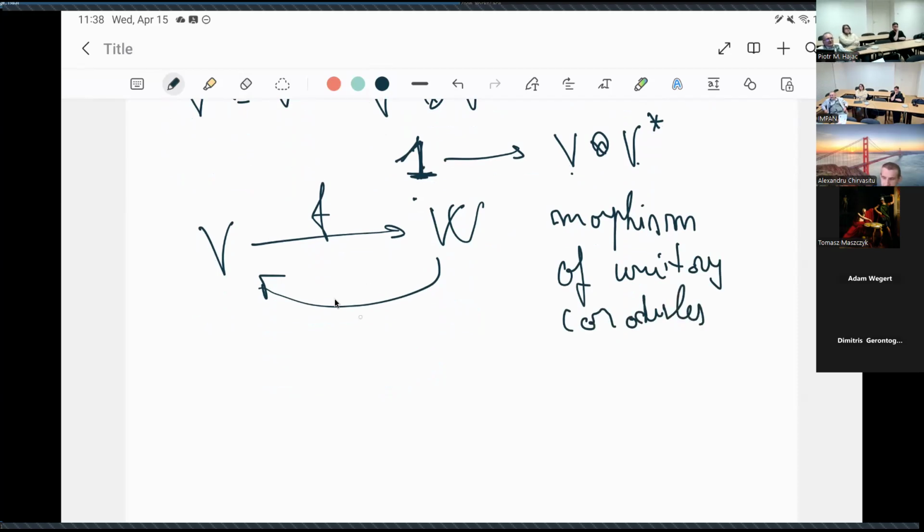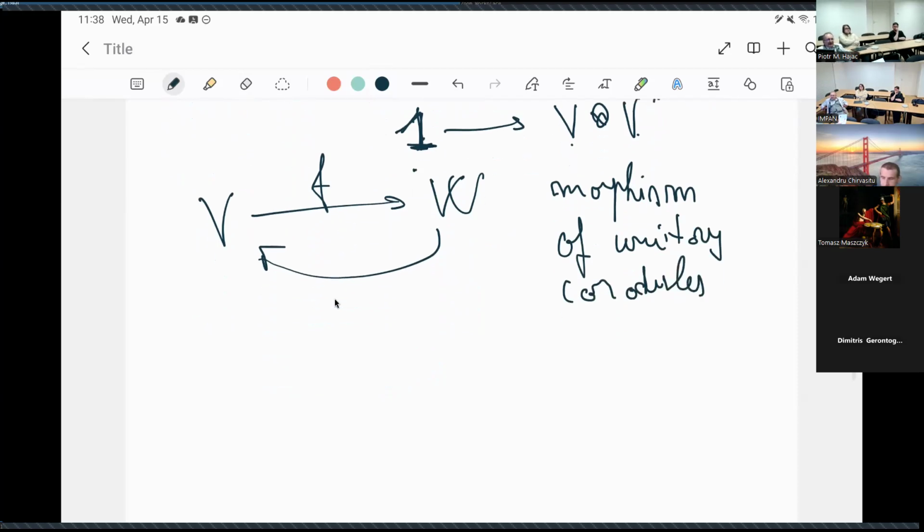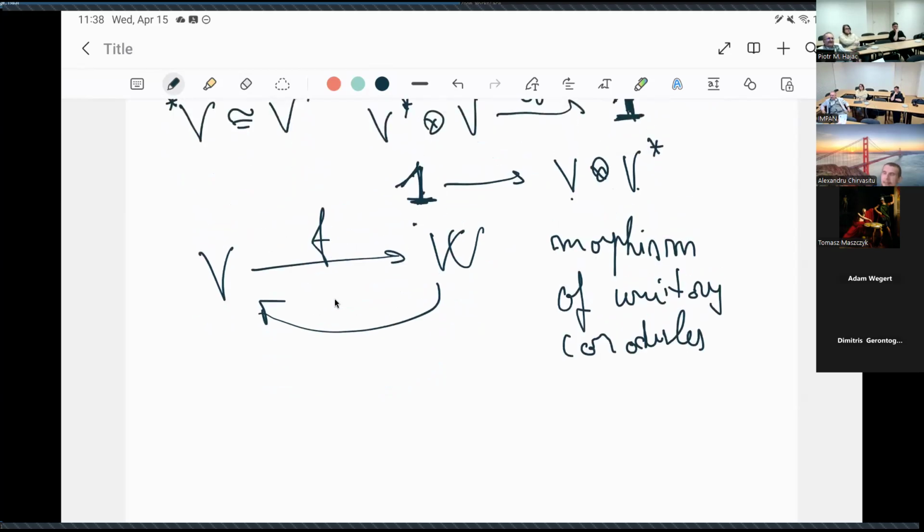And unitary means preserving this special scalar product structure. That's right, yeah. So in fact, it's not just V, right? It's an inner product that, in a certain sense that can be made precise, of course, is invariant under the comodule structure. It's an equation you have to write down in Sweedler notation.